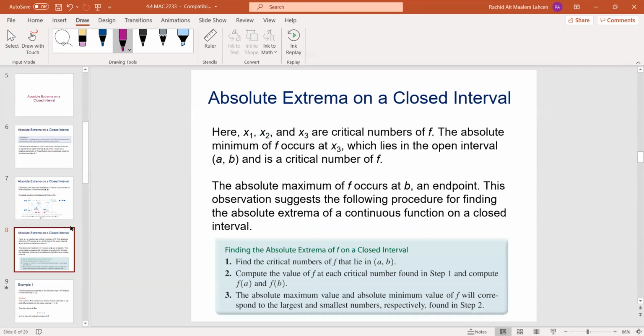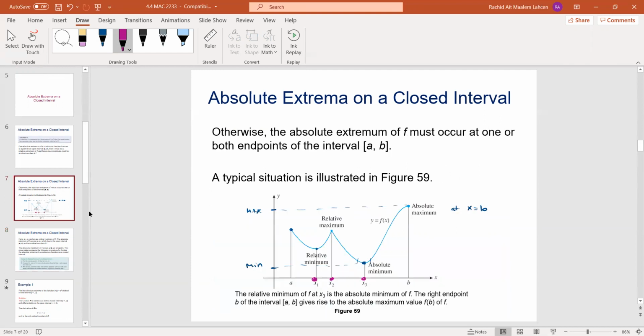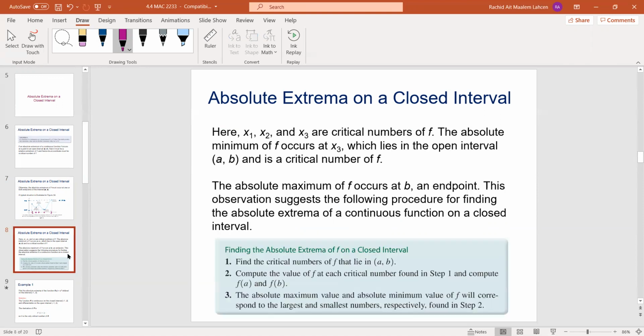The absolute minimum of f occurs at x3, which lies in the open interval (a, b) and is one of the critical numbers of f, right? So this open interval (a, b) has x1, x2, x3. The absolute maximum of f occurs at b, the endpoint.